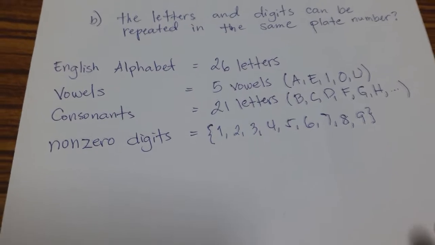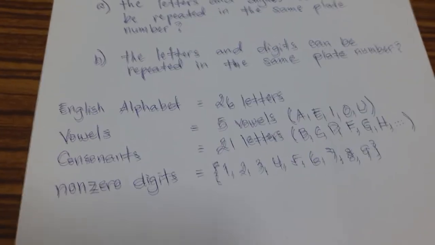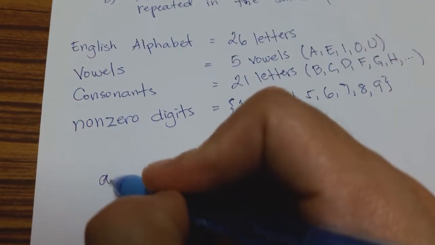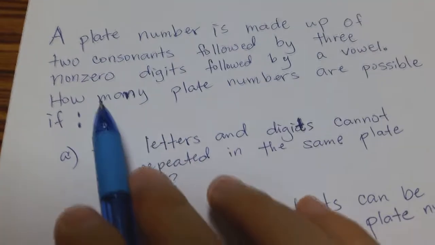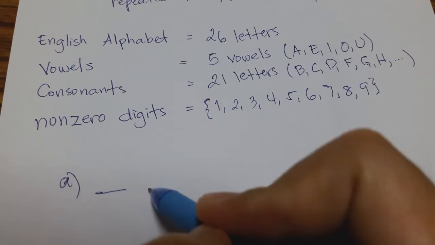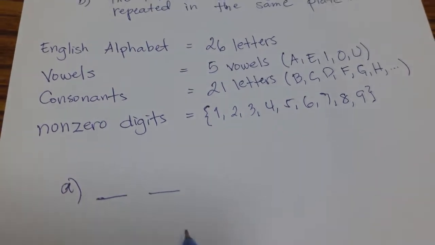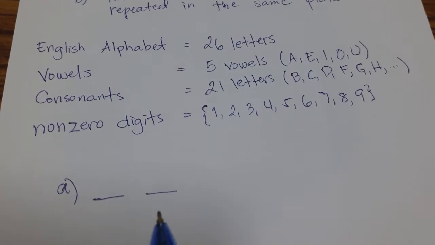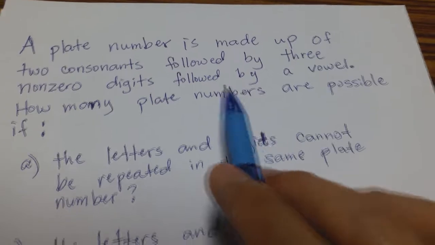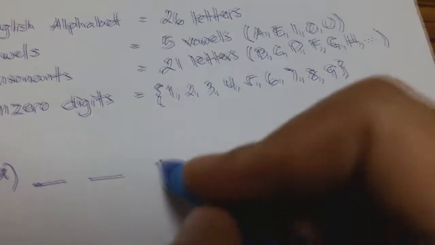So what's the next step? Now we can answer, letter A. It says two consonants. 1, 2. These two lines are for consonants, and then followed by three non-zero digits.